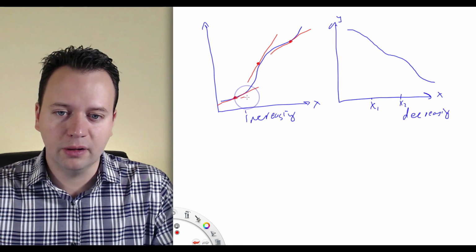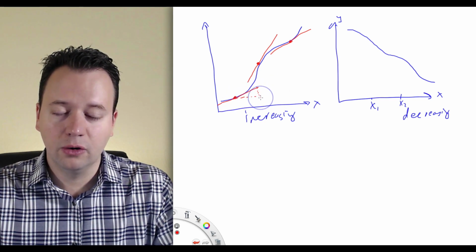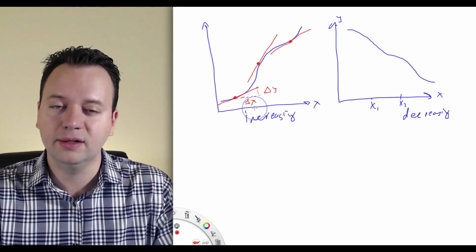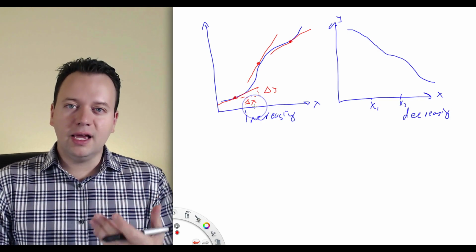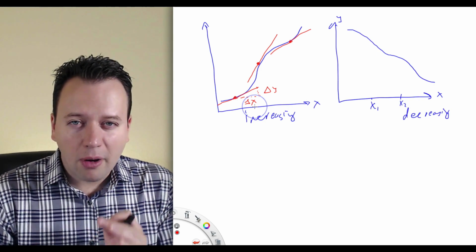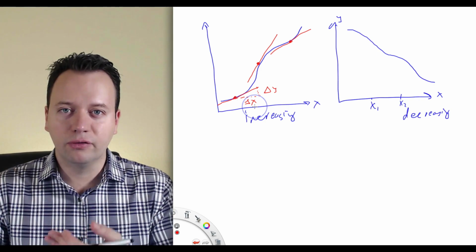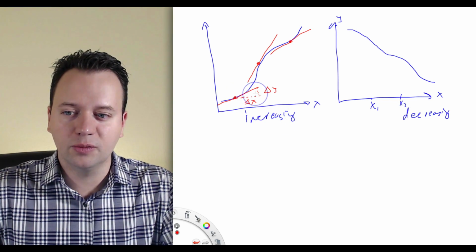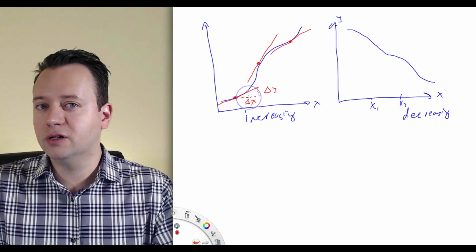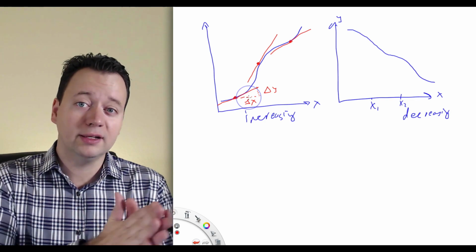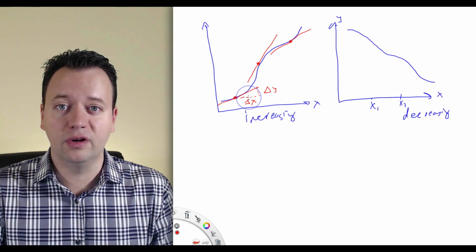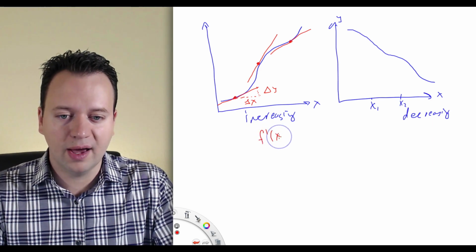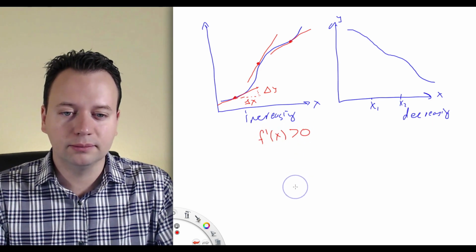Because remember, the tangent line, whose slope is equal to the derivative, tells you the change of y over the change of x. Well, if a function is increasing, you always have to get a positive change of y for a positive change of x. So if you change your x by a small amount, you should see a positive change in y. So the slope has to be positive, which means the derivative has to be positive. So for an increasing function, f prime of x is greater than 0.